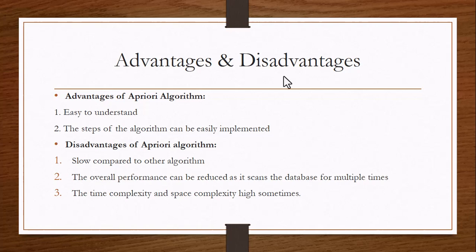Thirdly, the time complexity and space complexity is high sometimes. Yes, actually, because the time taken to solve the problem might be longer than expected, and the space complexity as well.